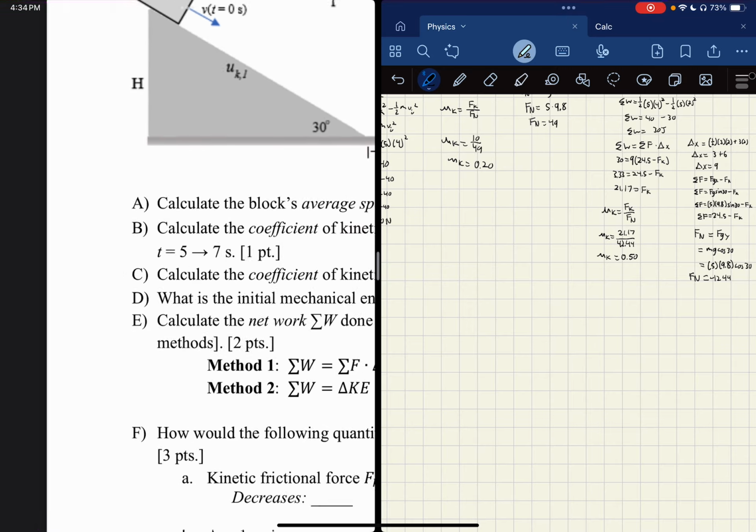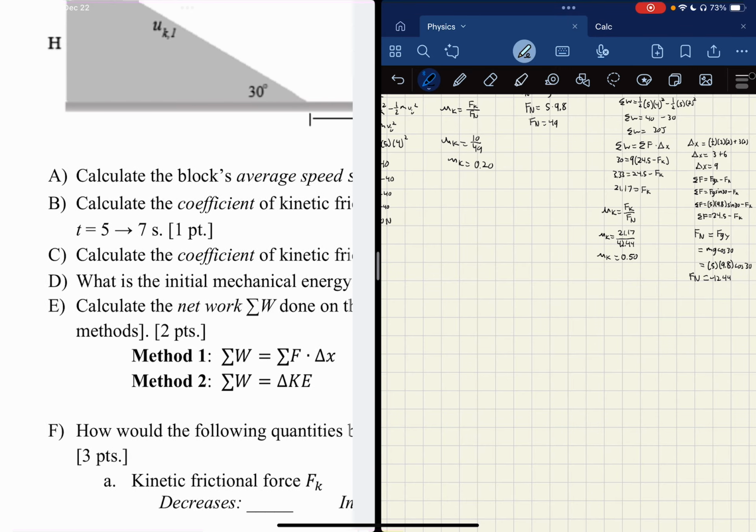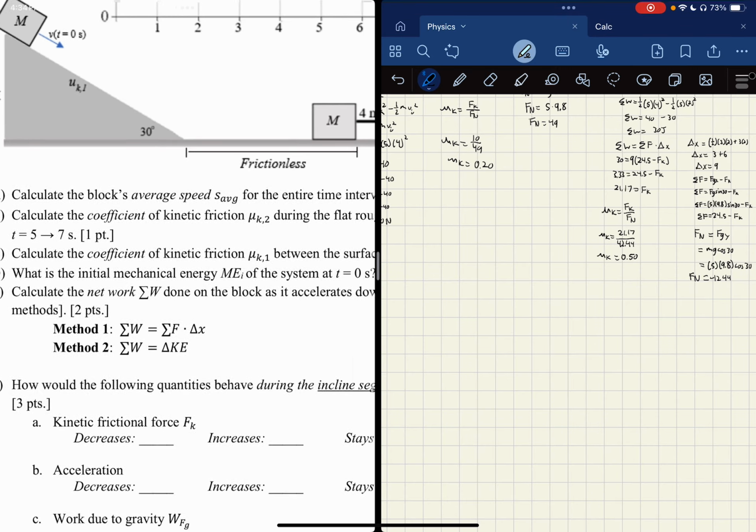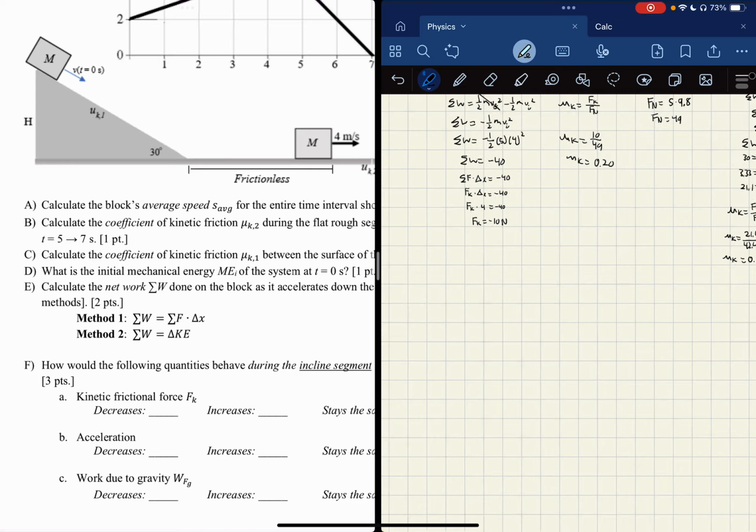Okay, that's part C. Part D asks for the initial mechanical energy of the system at t equals 0.